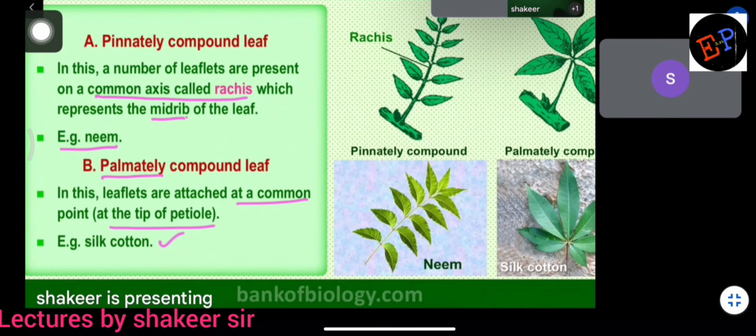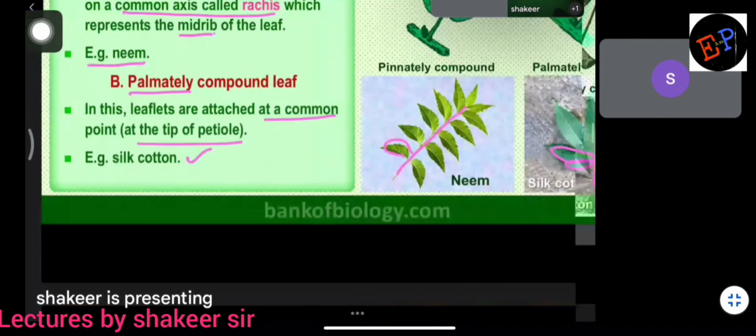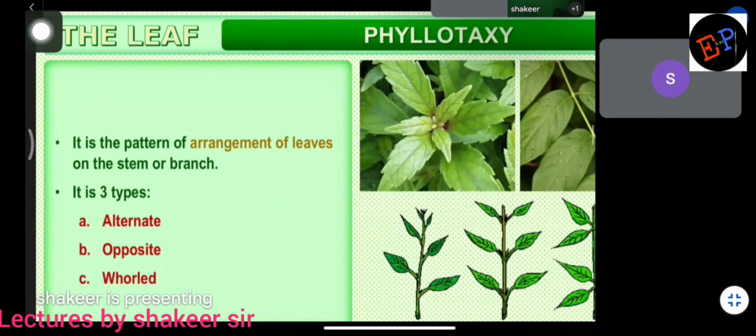So neem is the example for pinnately compound, and silk cotton is the example of palmately compound. In the figure you can see the rachis with the leaflets arranged like this, but here at the end of the petiole many leaves are attached to the common point. Okay, that's it.